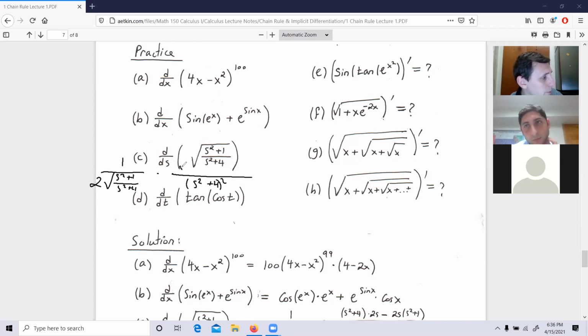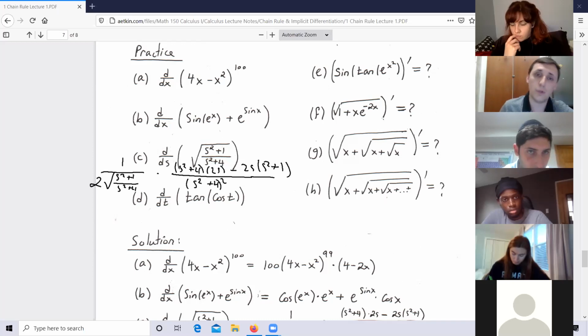And then here I copy s squared plus 4, multiply that by the derivative of the numerator, 2s, minus 2s times s squared plus 1. So it's just a simple quotient rule that follows chain rule.